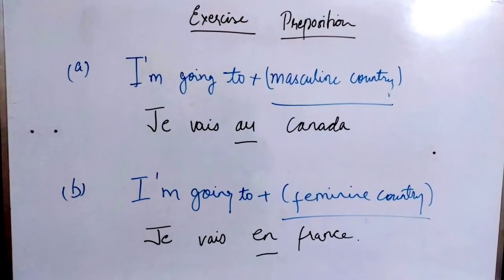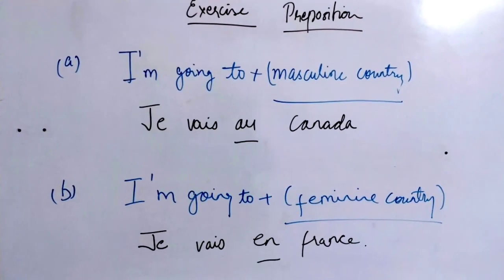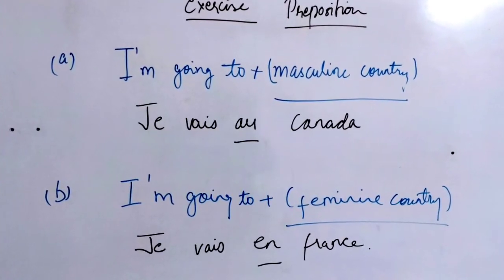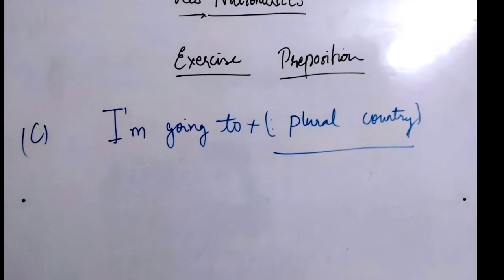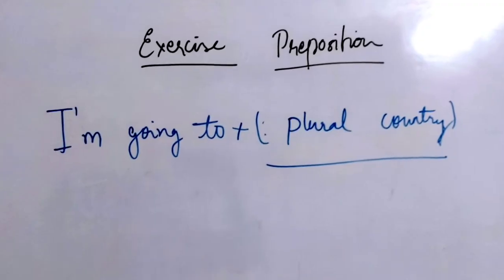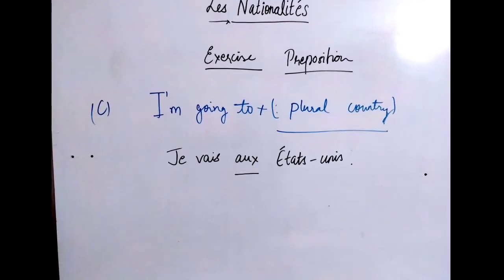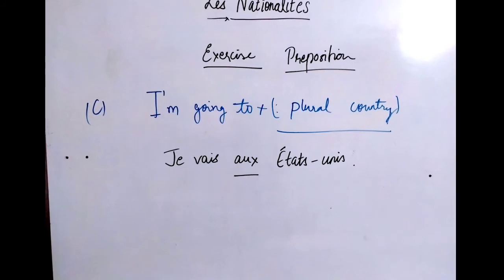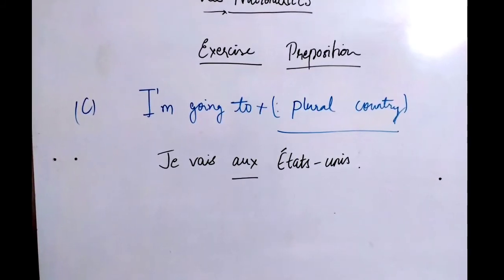Okay, now suppose you are going to a plural country, what will you use? So for a plural country, we use Je vais aux États-Unis. Aux États-Unis means to the United States.